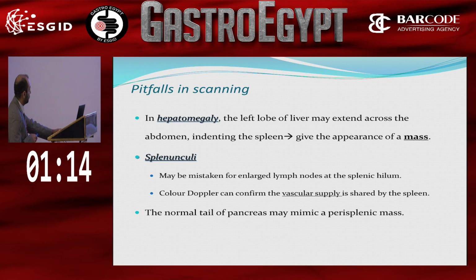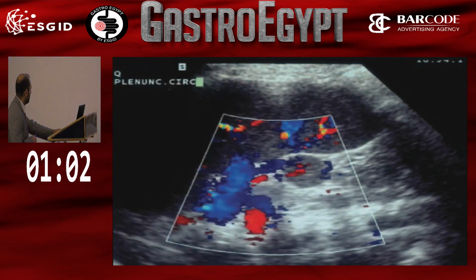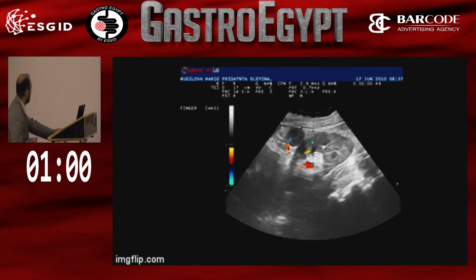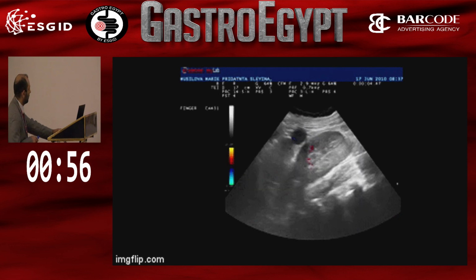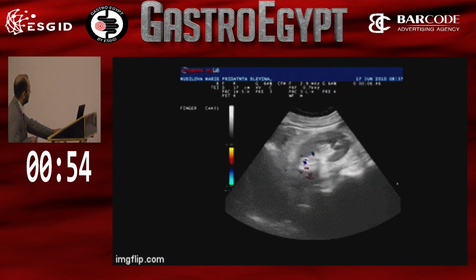In hepatomegaly, the left lobe may extend across the abdomen. I can suspect there is a lesion above the spleen, but it is the left lobe of the liver. Also I have a splenule and splenic varices. This is the splenule. It is not a lymph node.